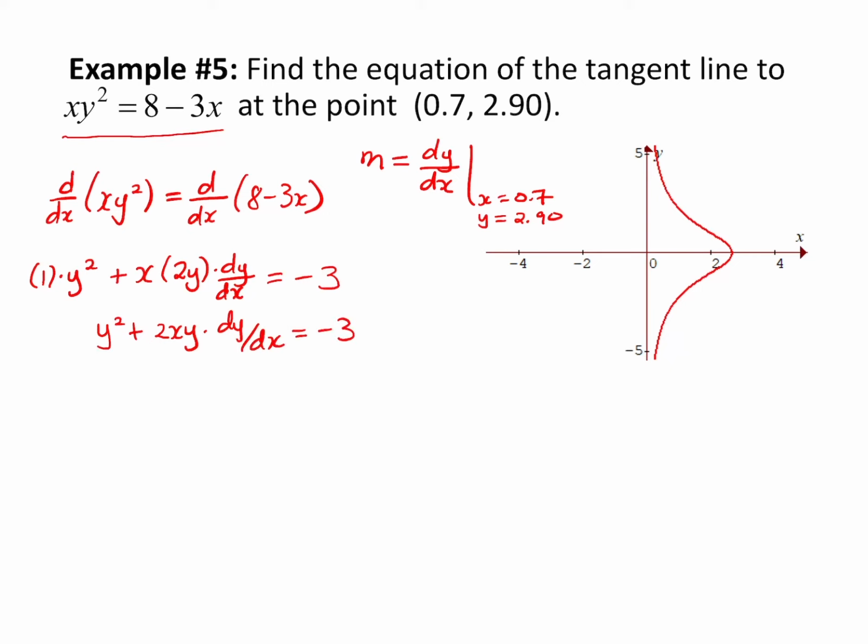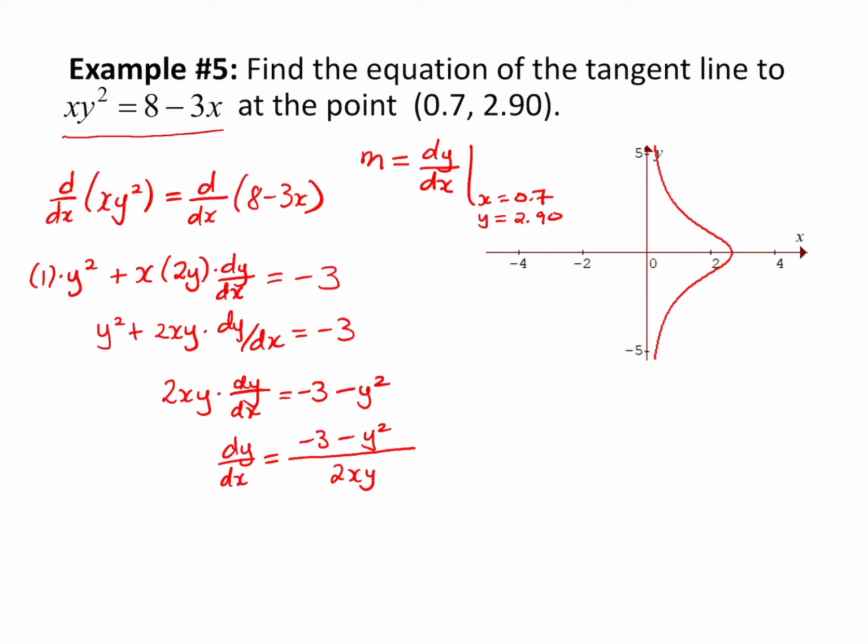We want to get the dy/dx on its own, so I'm going to subtract the y squared from both sides. So we'll have negative 3 minus y squared, and then divide both sides by 2xy. So we'll have negative 3 minus y squared all over 2xy.